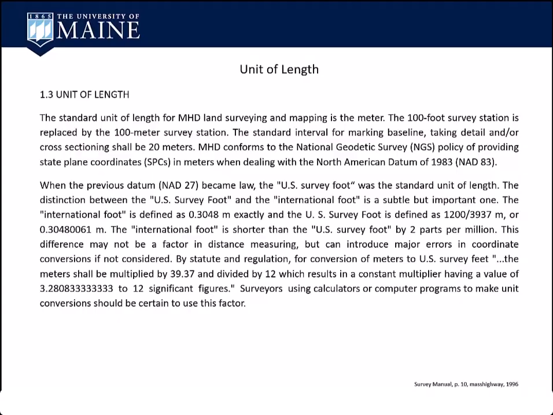So the unit of length then was the meter, and all they're saying here is that it was the meter, and they used the U.S. survey foot to convert. And that's because in Mass there's legislation that dictates that. Chapter 97, the general laws, dictates that you use the meter to U.S. foot conversion factor.